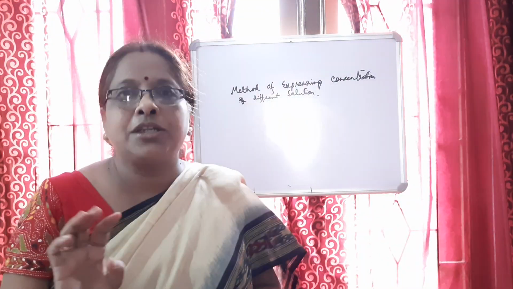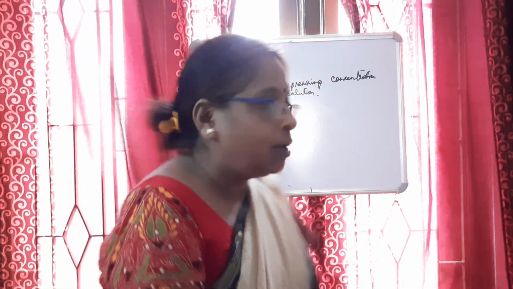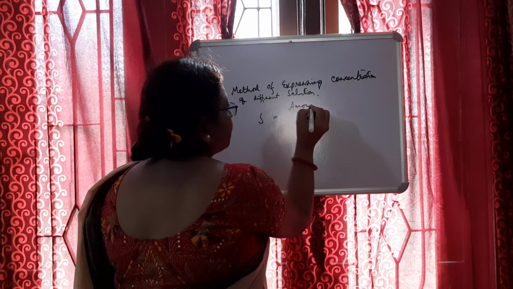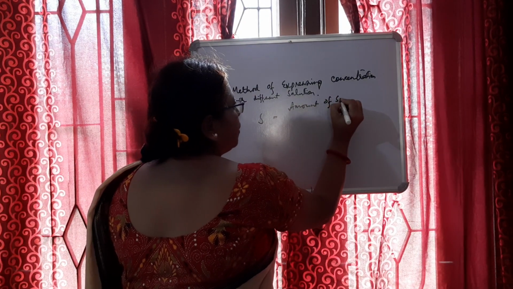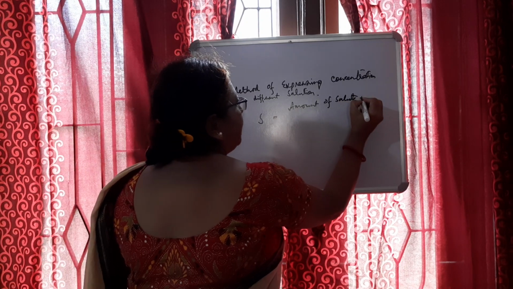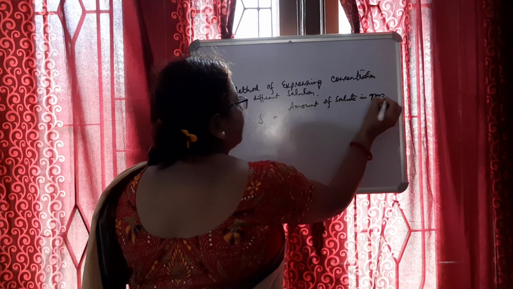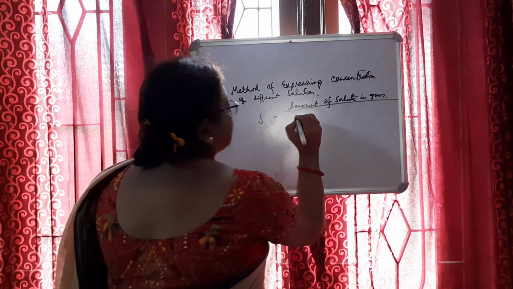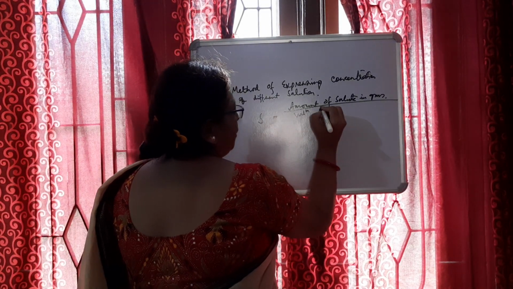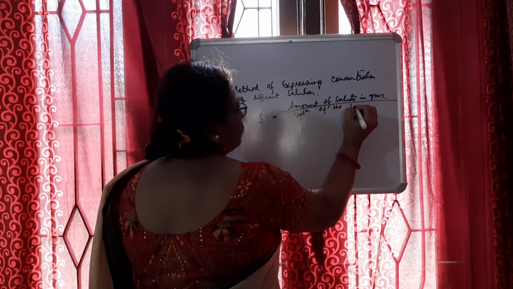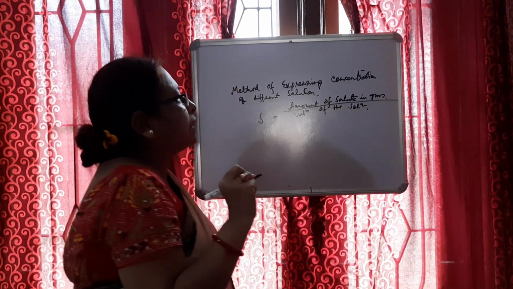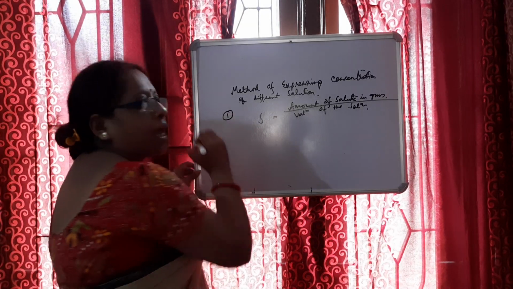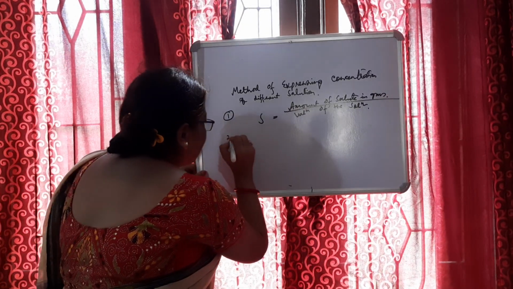So we can write strength is capital S. So S is equal to amount of solute in grams divided by volume of the solution. So this is our method of expressing concentration of different solution. Number 1, strength.